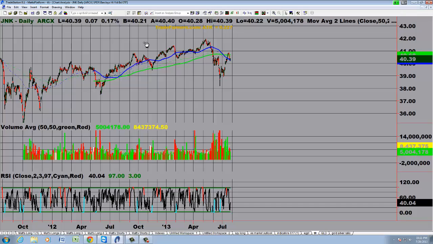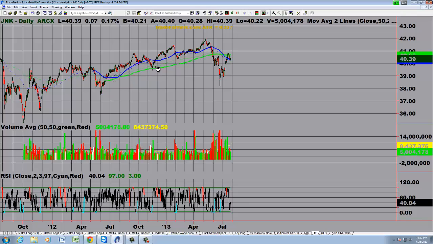So again, this is another negative for the overall interest rate picture in terms of, are they going to stay low or continue to move up? This is indicating more pressure on the overall interest rate picture. As we're trading under the 50-day moving average, you can see we had been really up for well over a year and a half.